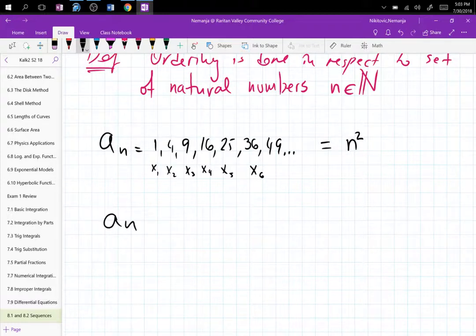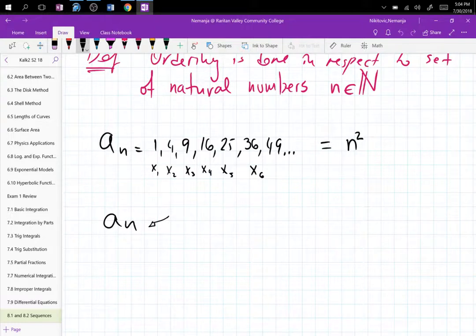So when I say a_n, this n over here is the set of all natural numbers, and generally that goes from negative infinity to positive infinity. However, for a_n, we could use negative numbers, but we don't.